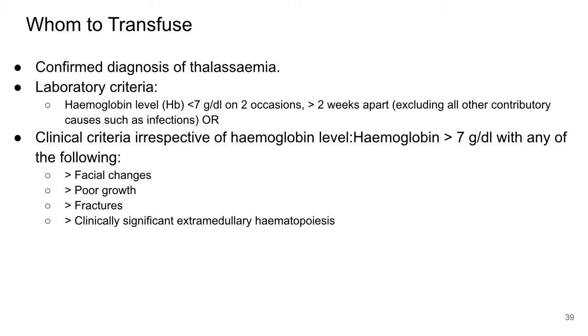Any patient confirmed to have thalassemia with hemoglobin less than 7 gram per dl on 2 occasions, and patients with facial changes, poor growth, fractures, and clinically significant extramedullary hematopoiesis, irrespective of the hemoglobin level, should immediately start transfusions.